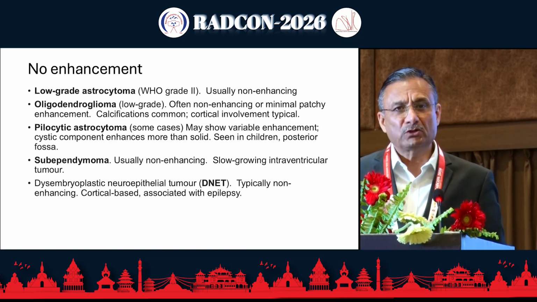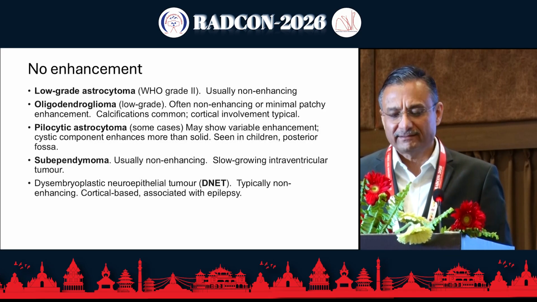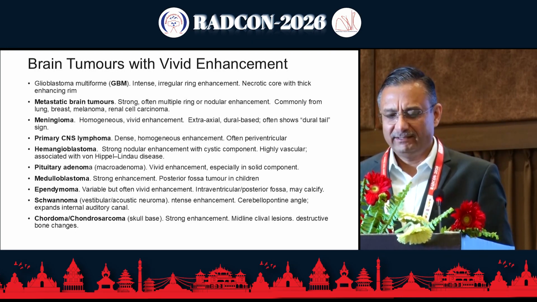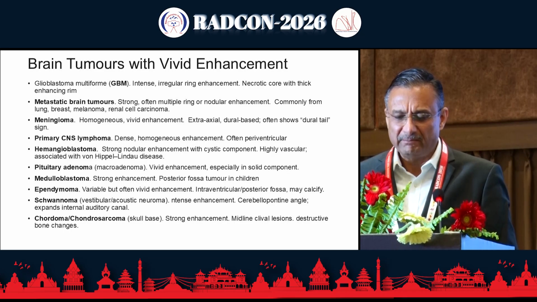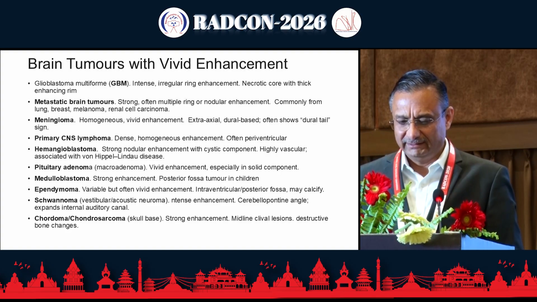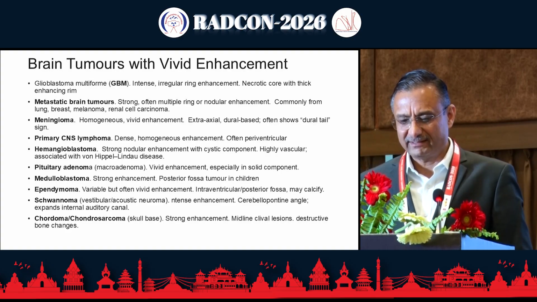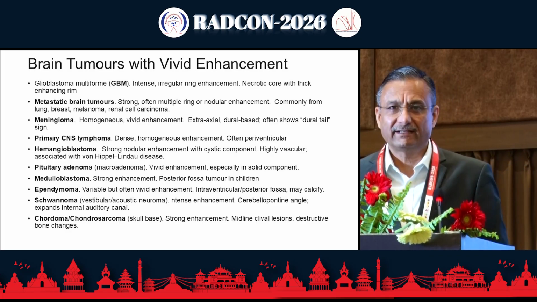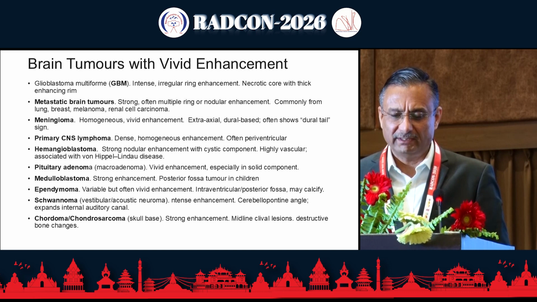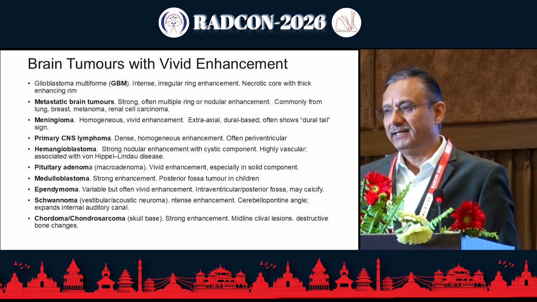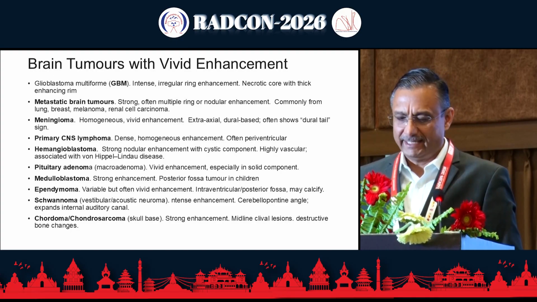Then we should know what are the tumors which do not enhance. What are the tumors which have vivid enhancement, like meningiomas, metastasis, CNS lymphoma, hemangioblastoma, the vascular nodule, schwannomas. Which are the tumors which are predominantly cystic, like a pilocytic astrocytoma, a hemangioblastoma. In an astrocytoma, the wall will enhance. In a hemangioblastoma, the wall will not enhance.